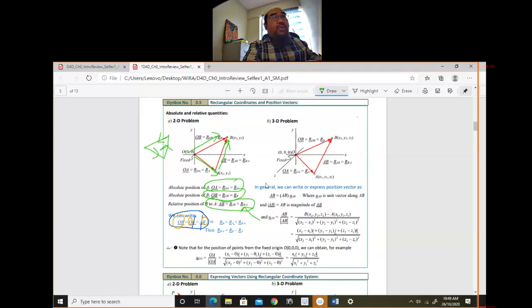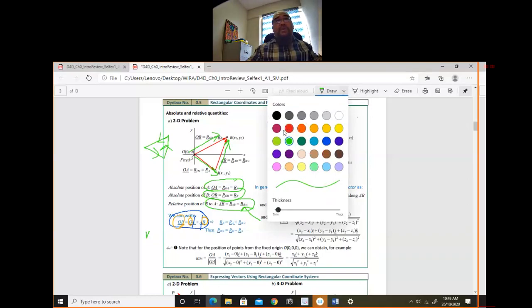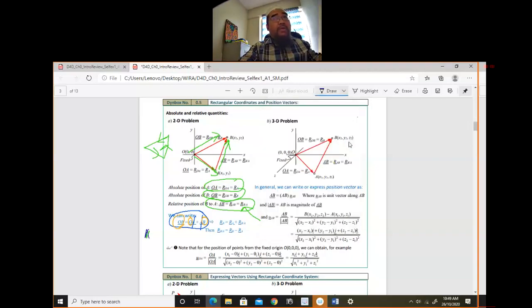Okay, we have AB. I think green is not very clear, I put purple. AB equals to, again, you have a dash underline here which is a vector. These are all basic.